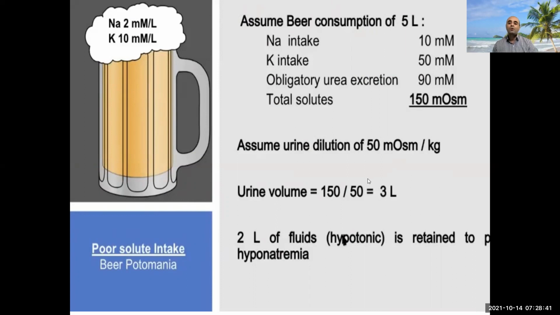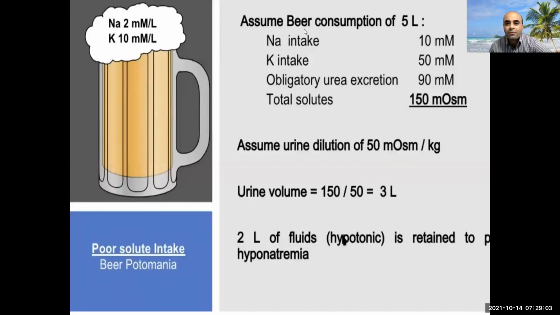I put him on alcohol restriction and free water restriction, and the next day I added urea tablets, not sodium chloride, because the patient already had heart failure. We gave urea, 20 gram BID, and his sodium returned to normal within 4 days.